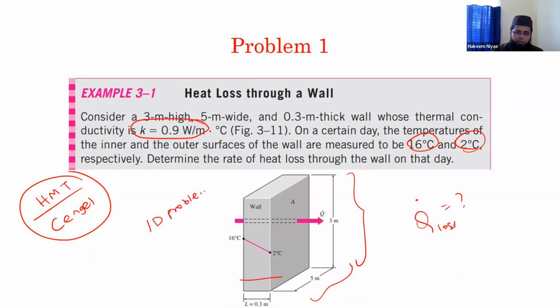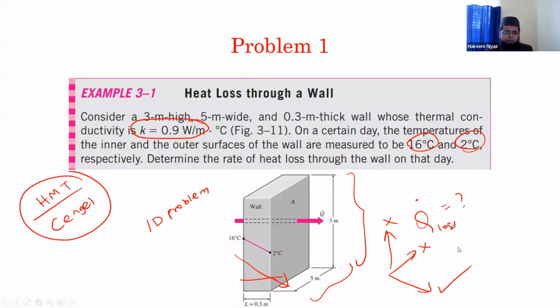Why? Because the heat transfer is in this direction, one direction, and no heat transfer happens in the other two directions. So only in this direction the heat transfer is happening. So it's a very simple 1D problem.